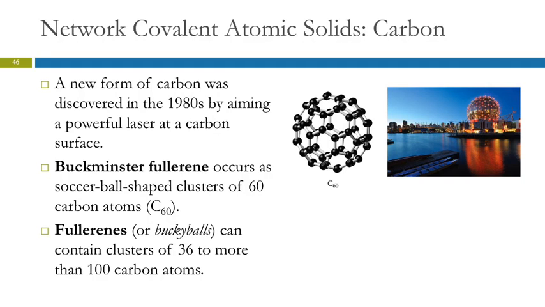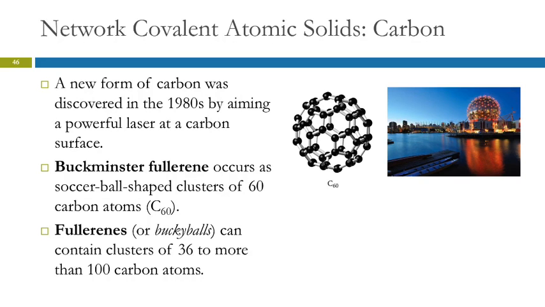Back in the 1980s, a new form of carbon was discovered. They did this by aiming a very strong laser at a carbon surface, kind of just to see what would happen. And they made things like this. This is 60 carbon atoms in one large unit. It's not really a molecule, but it's 60 carbon atoms covalently bonded together.